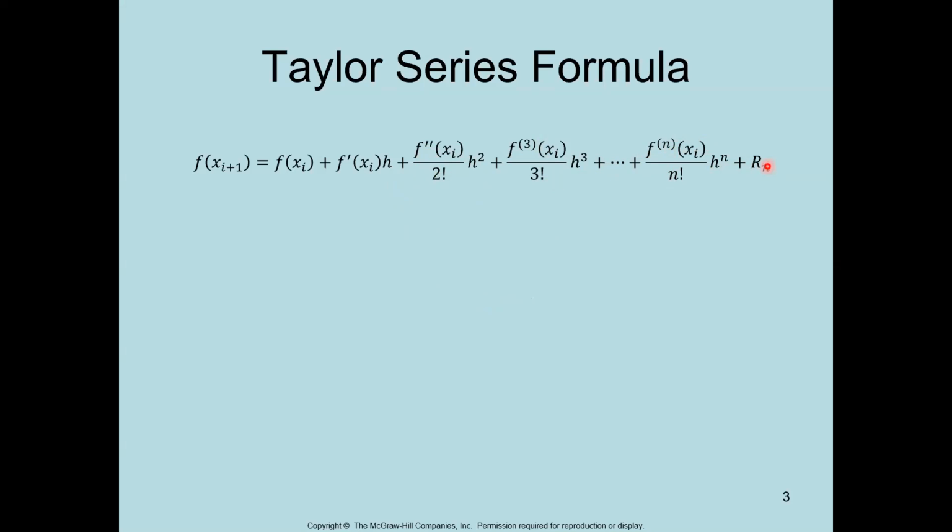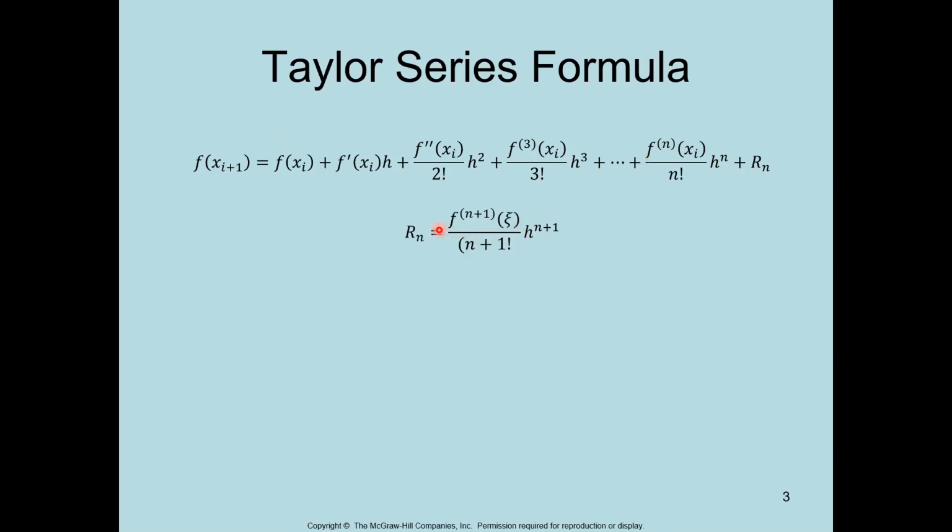The last term is called R_n, the remainder, anything remaining for this equality to hold true.